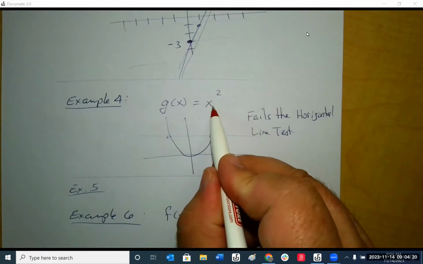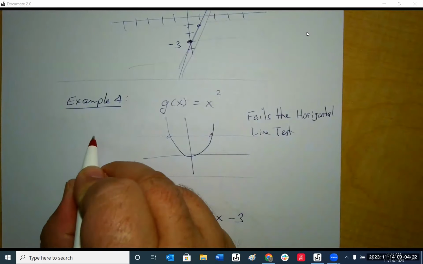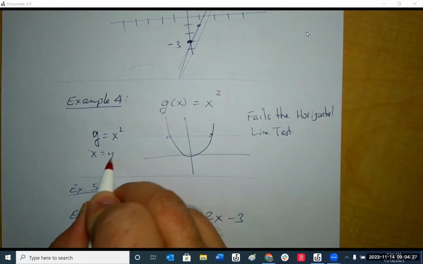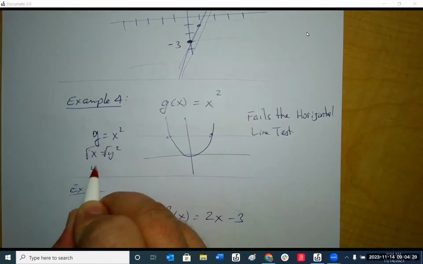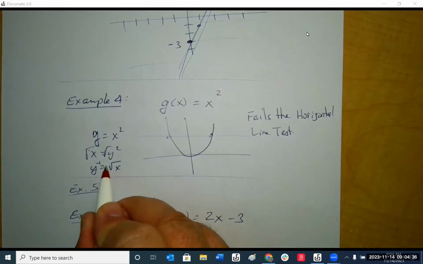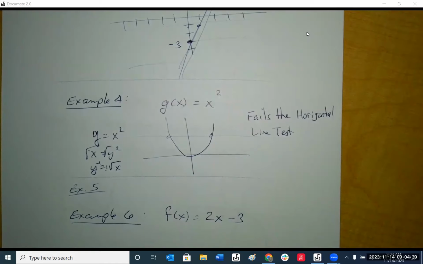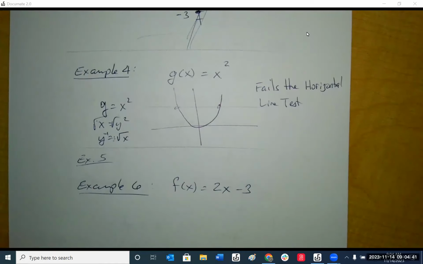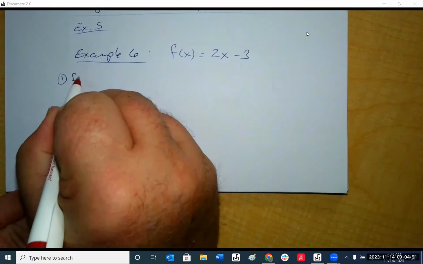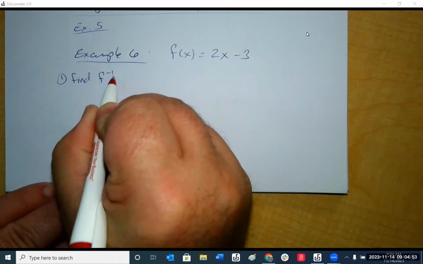This is not 1-to-1, but we could find the inverse. The inverse we can find, even though it's not correct, it should be plus or minus. But how do we test it without graphing it? How do we test if it's truly 1-to-1? This is how. First, find the inverse.